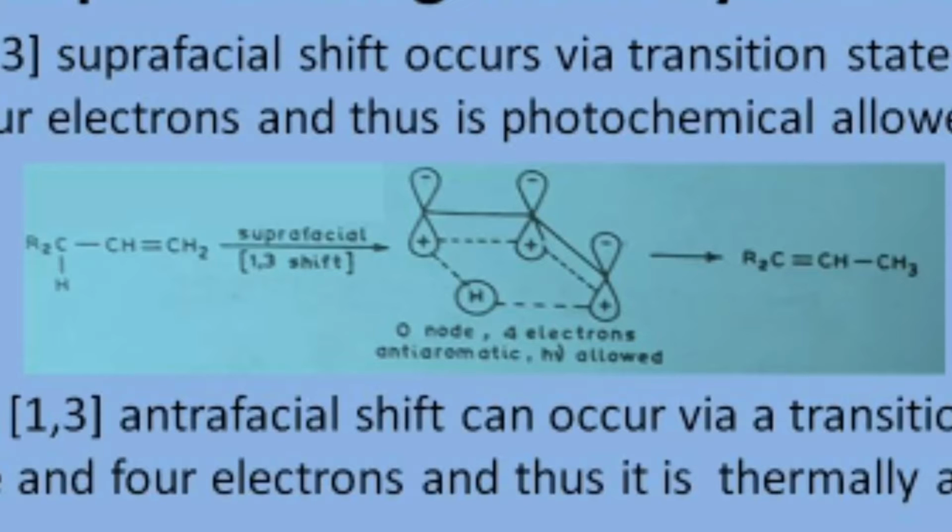As you know, 4 pi electrons, 0 node means anti-aromatic, and anti-aromatic is photochemically allowed. So here 0 node means all bottom signs are positive, and that's why hydrogen shift occurs from positive end to positive end. That means there is a suprafacial shift and it is photochemically allowed.